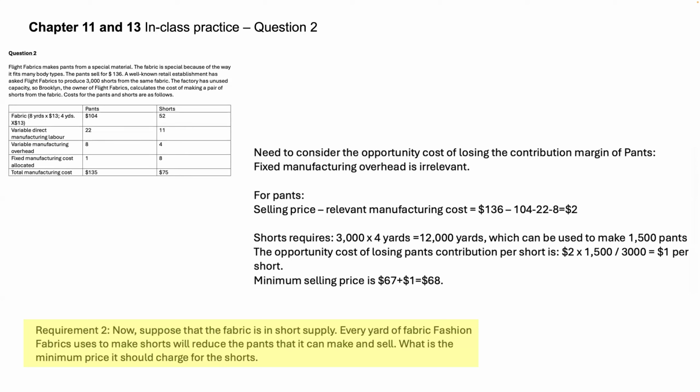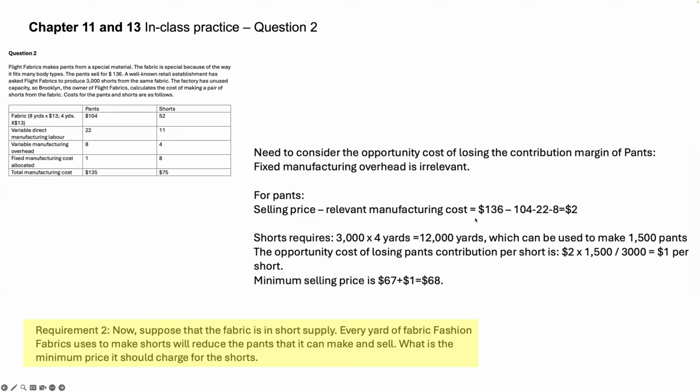Whatever decision you make, you will not change that fixed manufacturing overhead. So in my calculation, my contribution margin would be my selling price, $136 for the pants, minus materials $104, labor $22, and variable manufacturing overhead $8. I get $2 of contribution margin per pant.